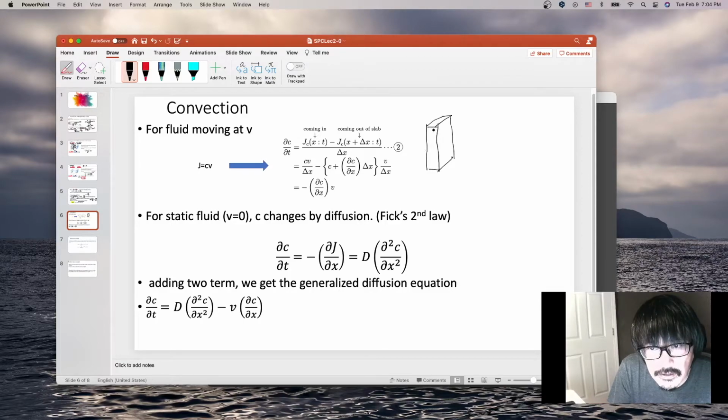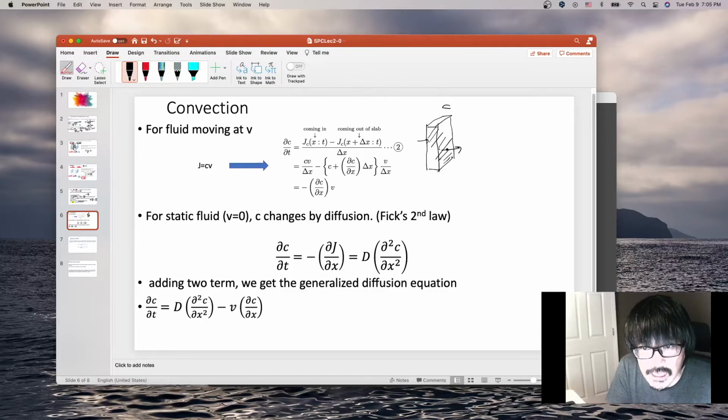Then you're interested in the concentration inside of these things right here. And then you can get the flux on this surface right here, and the flux on that surface too. So the flux on the left hand side surface, and the flux on the right hand side surface, and those differences determine the concentration inside, right?